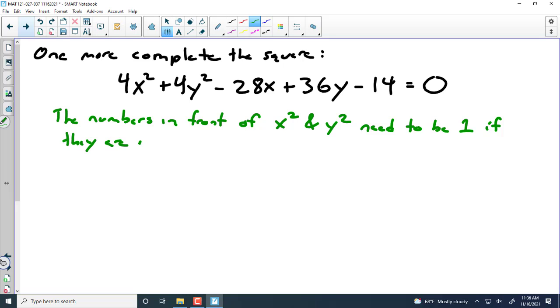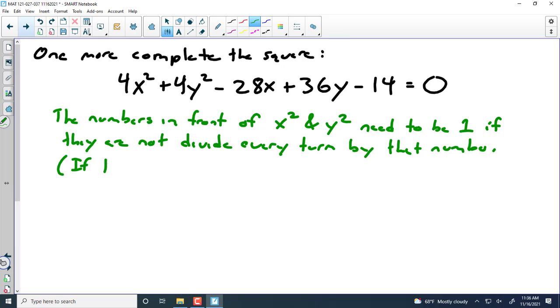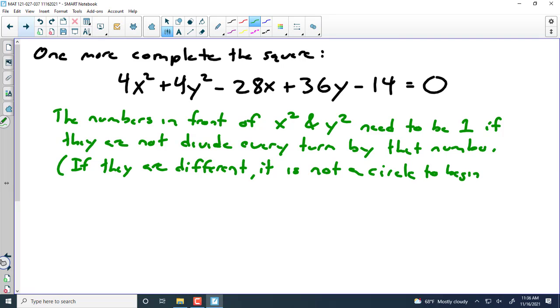If they are not, divide every term by that number. If they are different, it is not a circle to begin with.